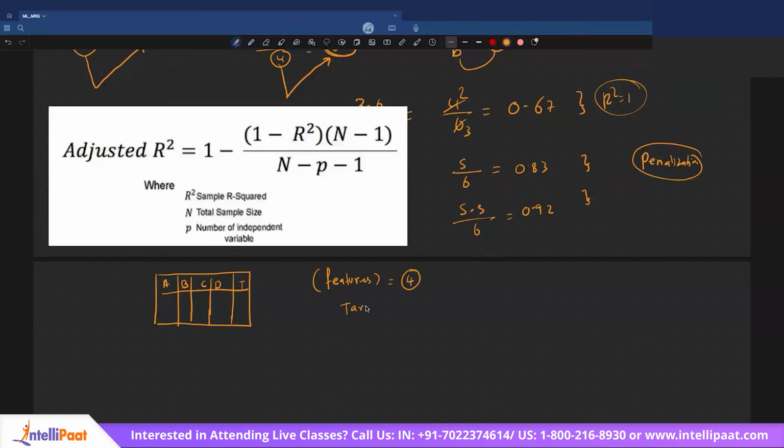How many target columns are there? 1. Correct or not? If I want to run machine learning on data where the number of features is 100 columns and the target is 1, do you think machine learning should have no problem in running 4 features, 1 target, versus 100 features, 1 target? Or do you think the machine learning model will get a problem?